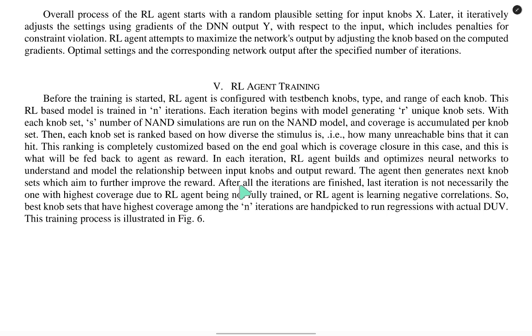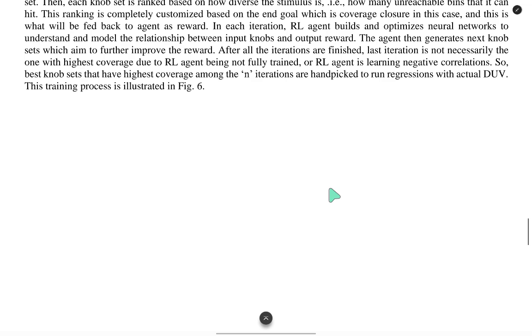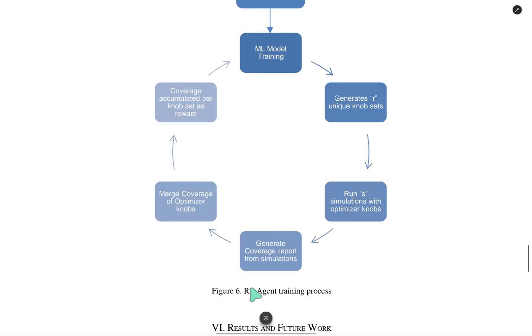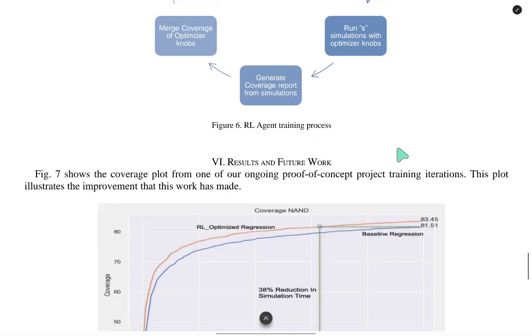After all the iterations are finished, the last iteration is not necessarily the one with the highest coverage, due to the RL agent not being fully trained, or the RL agent learning negative correlations. So the best node sets that have the highest coverage among the n iterations are handpicked to run regressions with the actual DV. This training process is illustrated in Figure 6, the RL agent training process.